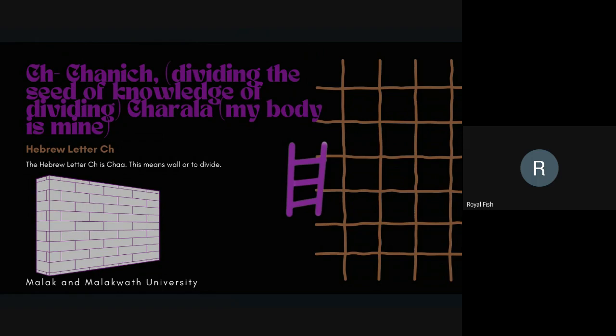Now I know it sounds like a name to us, but it's also a word. So dividing the seed of knowledge of dividing. So whoever can explain what the prophet said in how they were explaining it. Does that make sense? Or this is how I understand, which is probably a lot better.